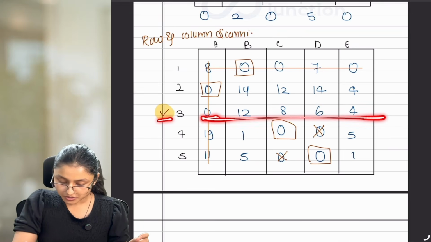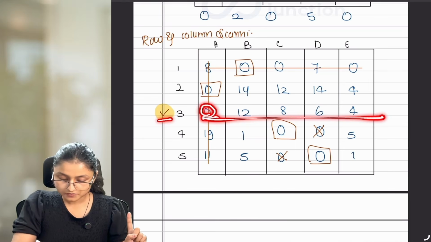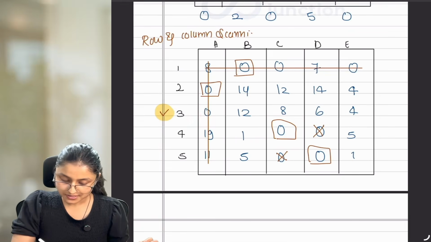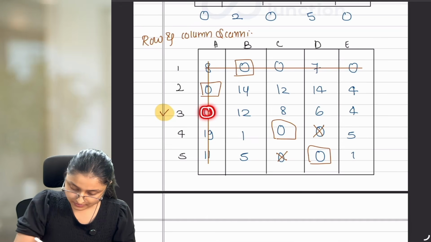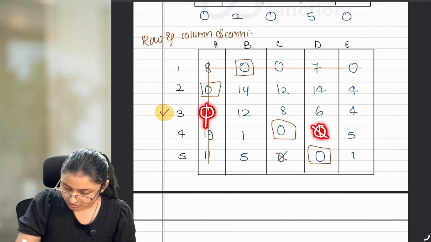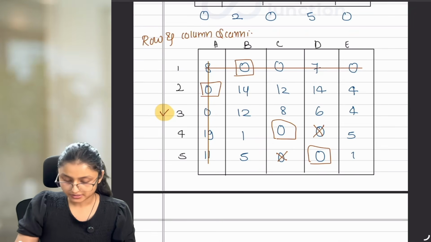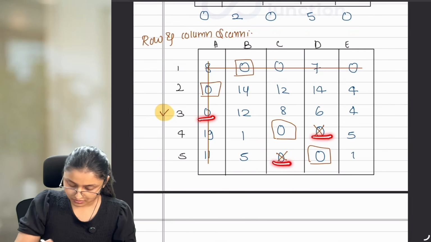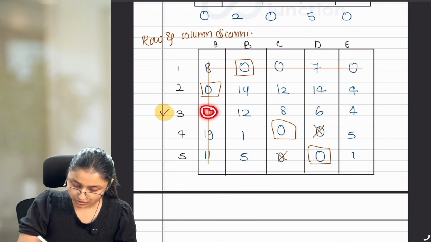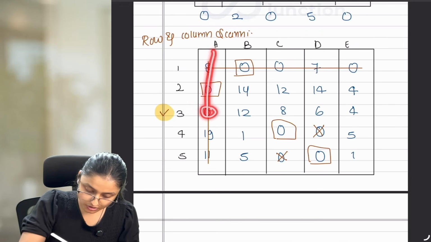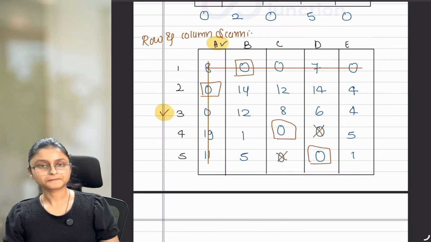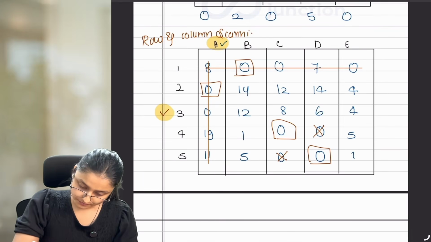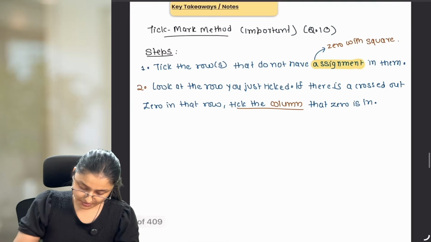But in this row, if you notice, there is a 0 which is crossed out, right? Crossed out can be like this and can be like this. It can be any of it. So if there is a crossed out 0, then you have to tick that particular column where the crossed out 0 is. Tick. That was our step number 2.